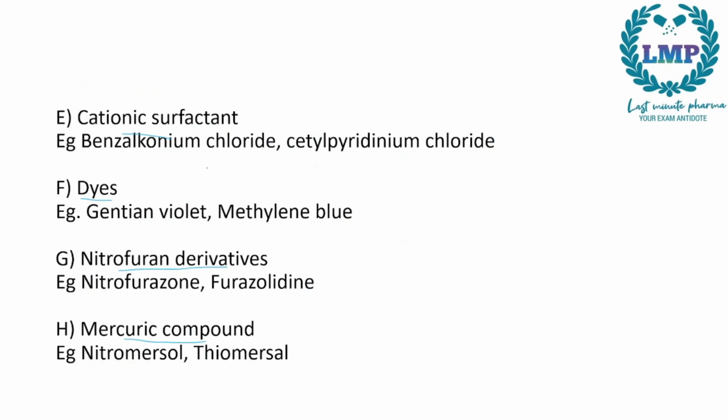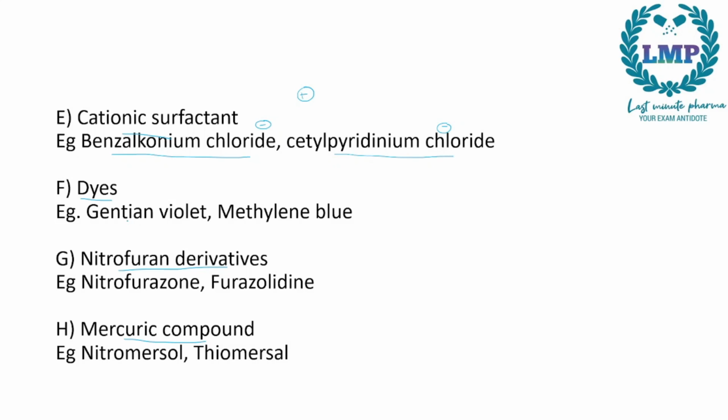Next, in cationic surfactants we have benzalkonium chloride and cetyl pyridinium chloride. As we know, a cation is positively charged. So benzalkonium chloride, with chloride being negative. Cetyl pyridinium is positively charged along with the chloride which is negatively charged. So cationic surfactants would be benzalkonium chloride and cetyl pyridinium chloride.